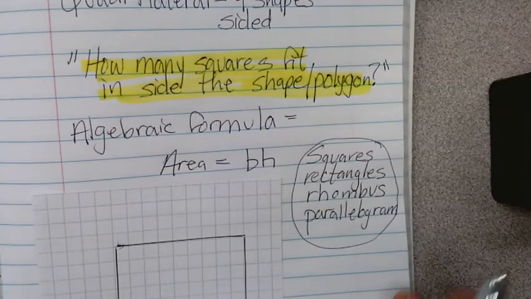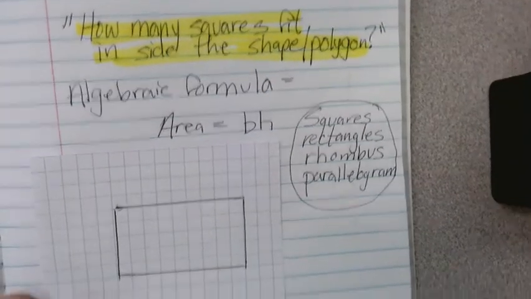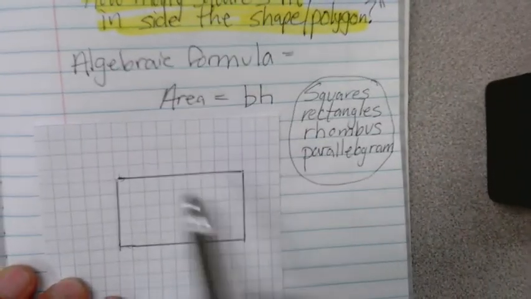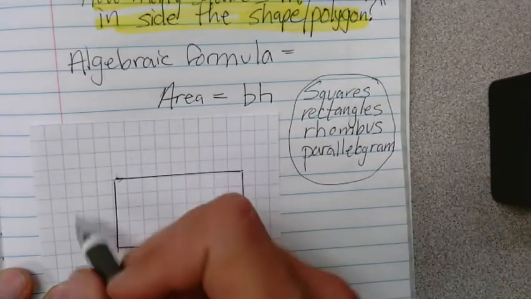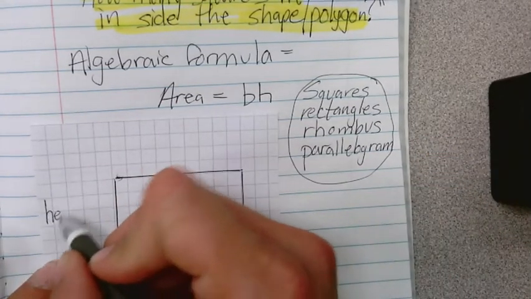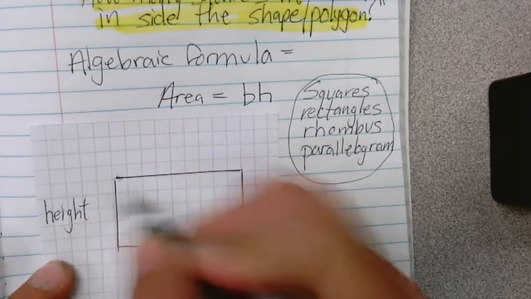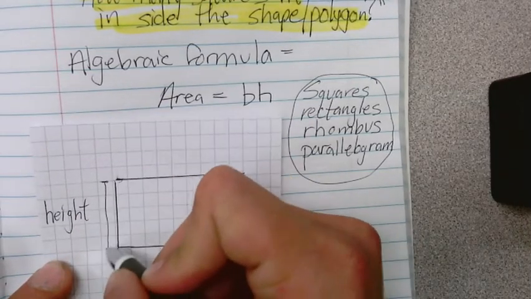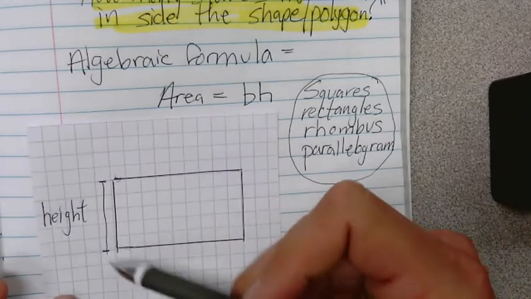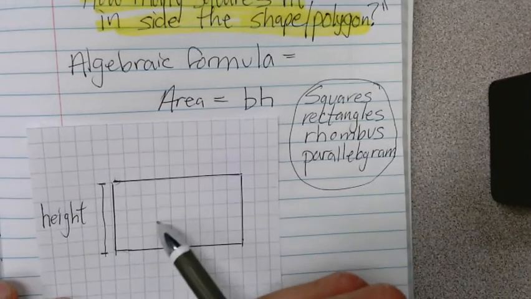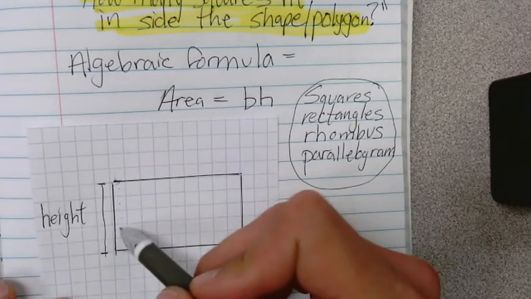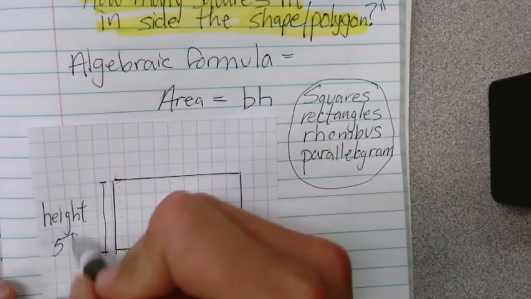So when looking at a four-sided shape, I'm using a rectangle here. If you see the height, which is over here, here's my height. Goes from here to here. That is just a distance. So if this was feet, this would be 1, 2, 3, 4, 5 feet.